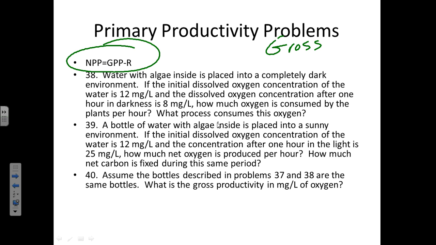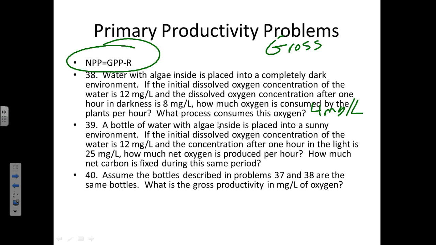It can't do photosynthesis. There's no light. So all we're going to do here is subtract, right? The oxygen levels go down by how much? 4. And that's all we do. We subtract 4 milligrams per liter. That's how much respiration the plant does, correct? Per hour. 4 milligrams of oxygen used per hour, per liter.